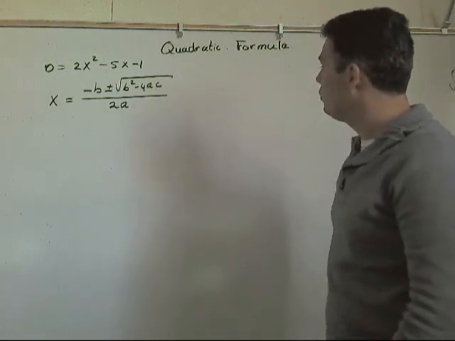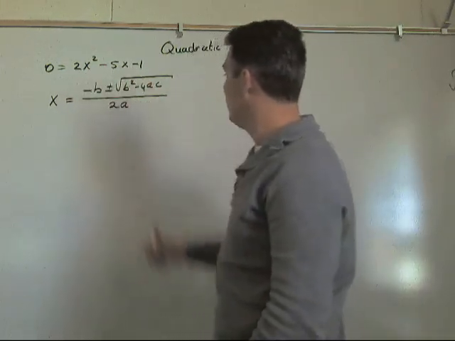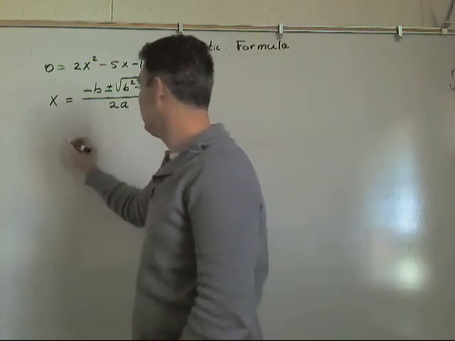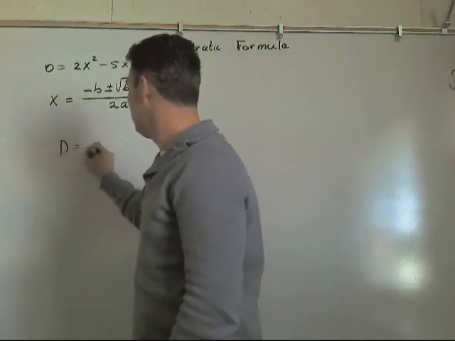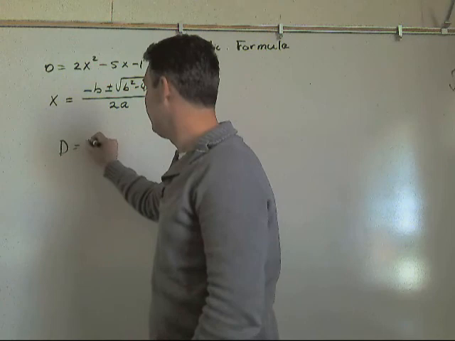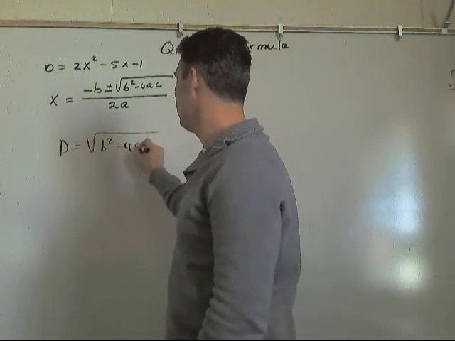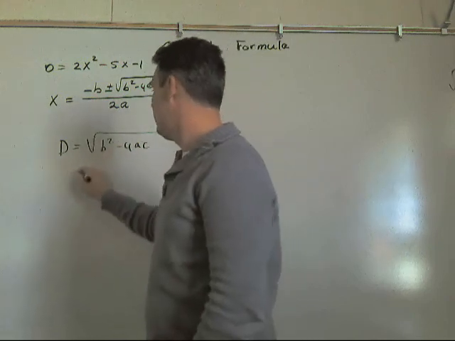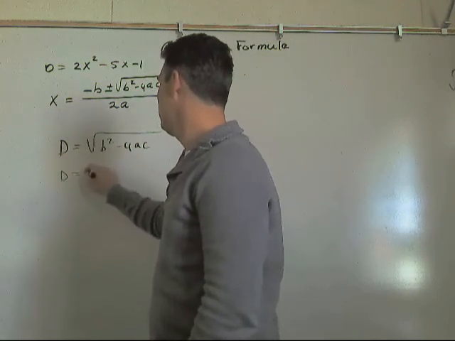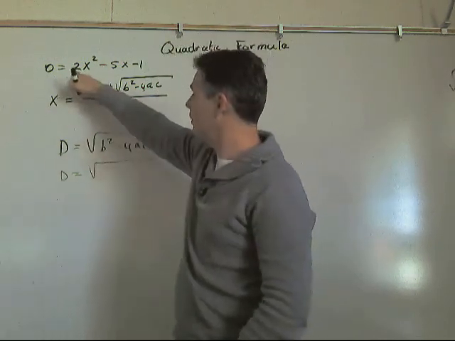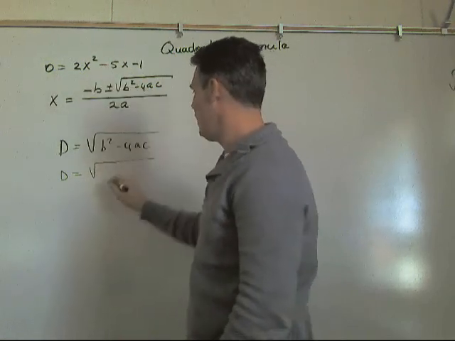Okay. So we're going to solve this one here using the quadratic formula, and first we start with the discriminant. So the discriminant is going to be the square root of b squared minus 4ac, where b in this case is -5.